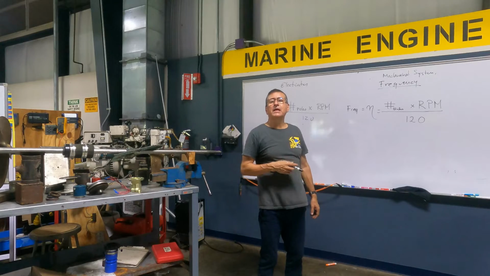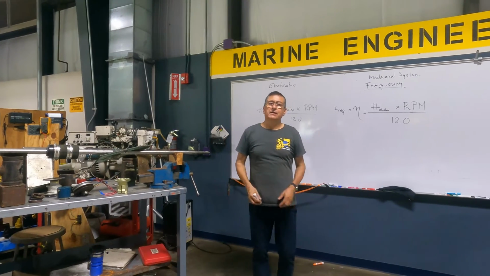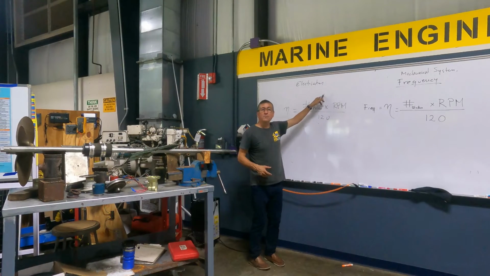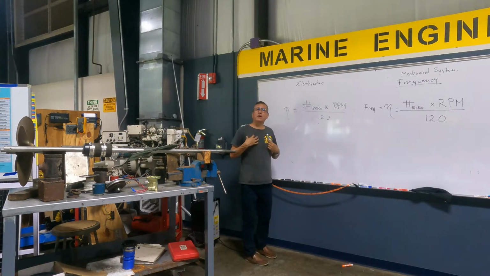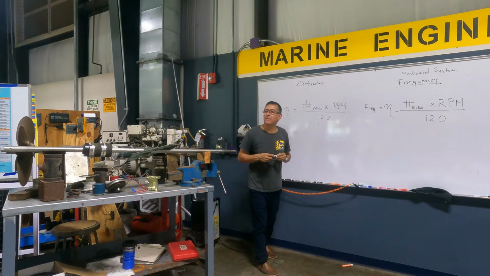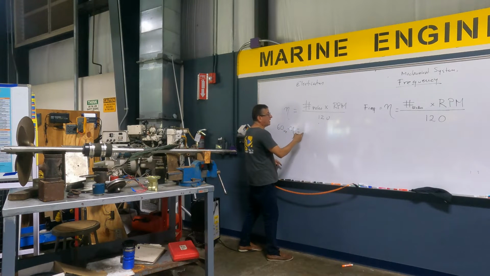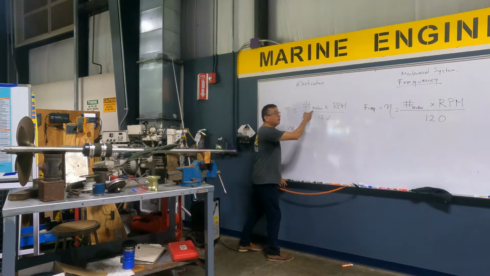Interesting. Let me explain something, guys. We are going to talk about electricity in American power. How much is the frequency for American power? 60 hertz. The frequency is equal to the number of poles on the generator.